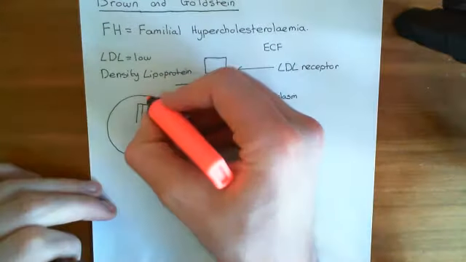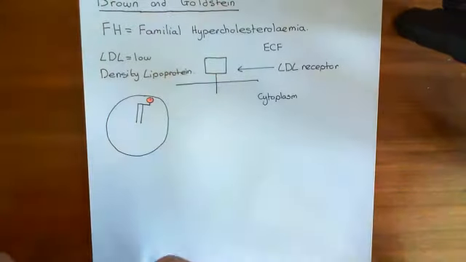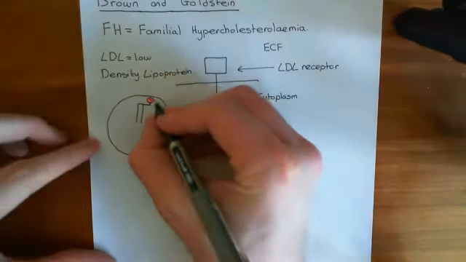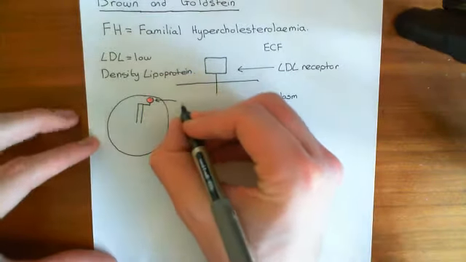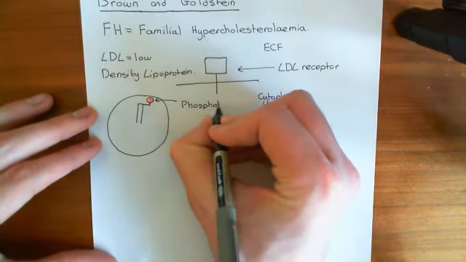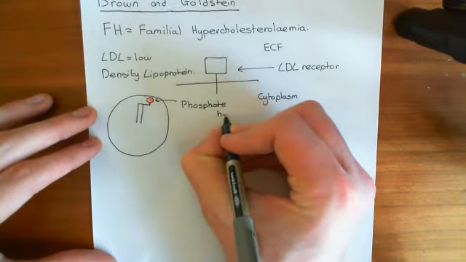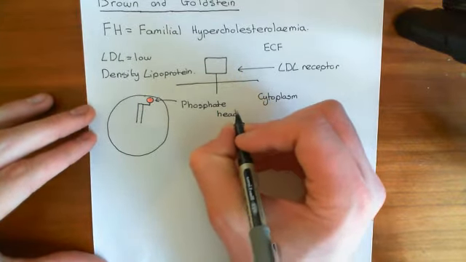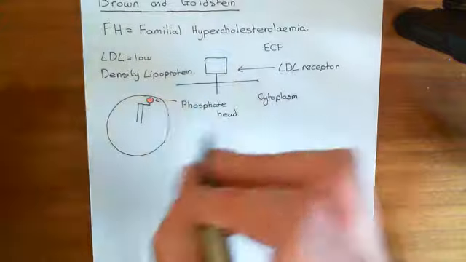So this little circle represents the phosphate head of the phospholipid. The phosphate head has a negative charge, so it's polar. It interacts with water quite well.